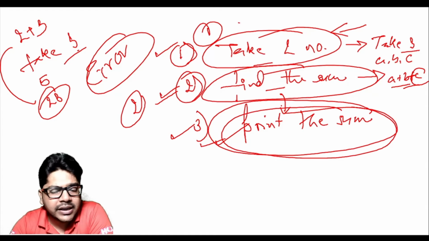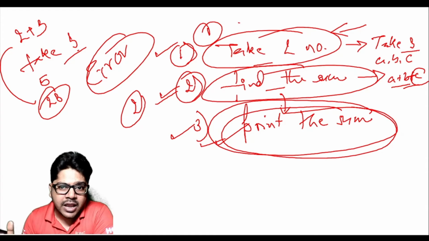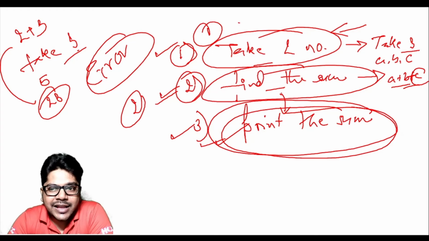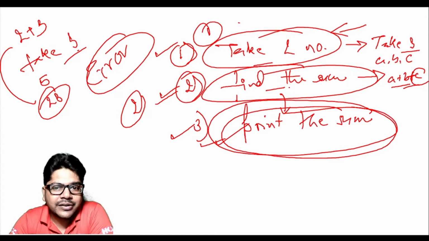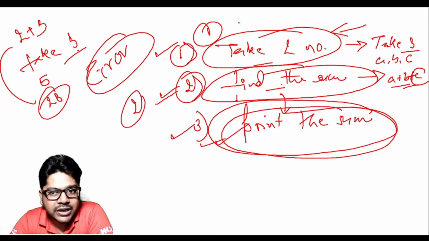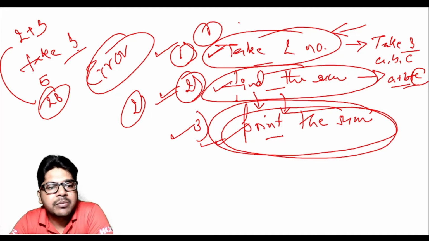Step 3 is error free, because while printing the sum you are not supposed to make a mistake, isn't it? Whatever is coming to you from step number 2, you are printing that. So either you have taken something wrong in step number 1, you are not taking the correct input format, or while adding the numbers you are making some kind of mistake.